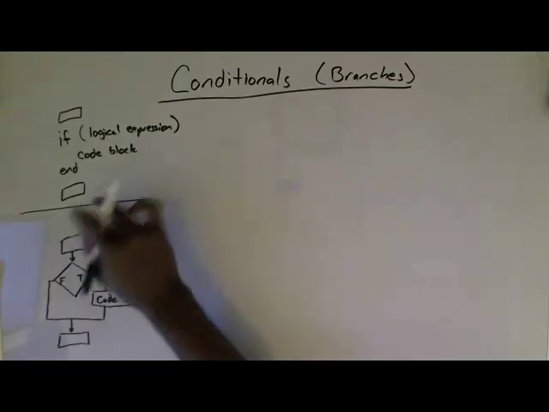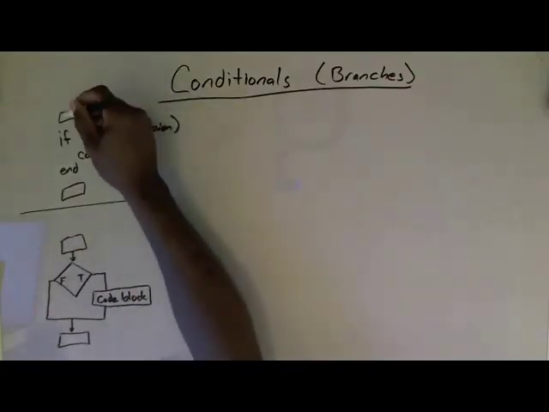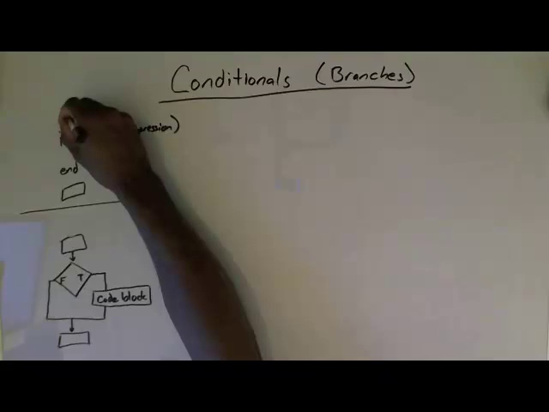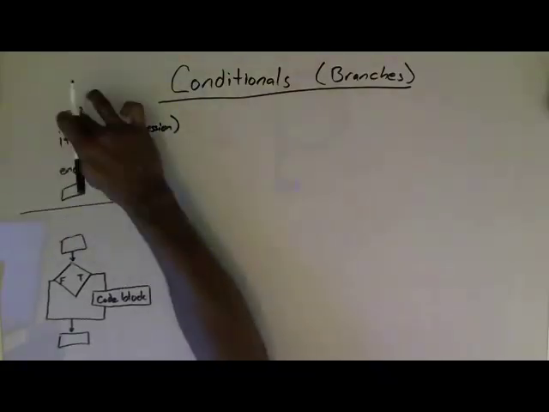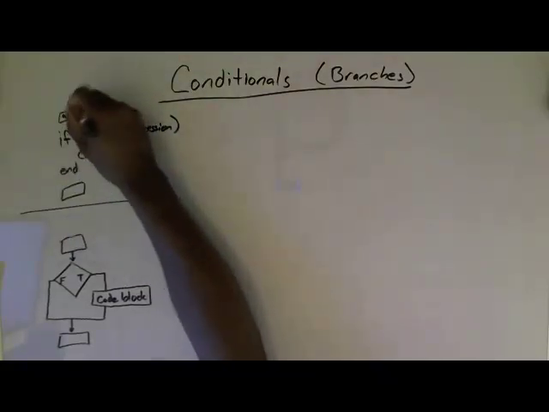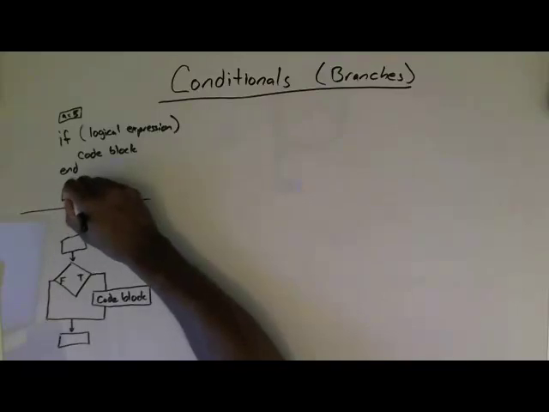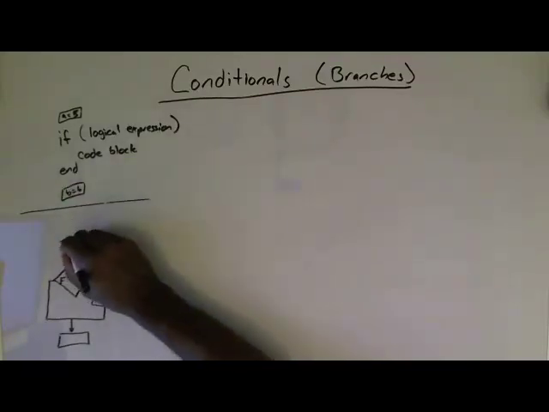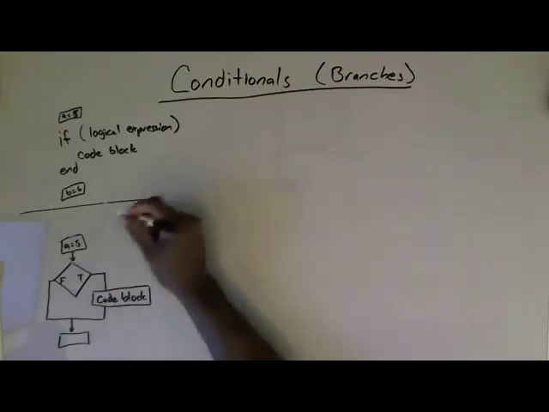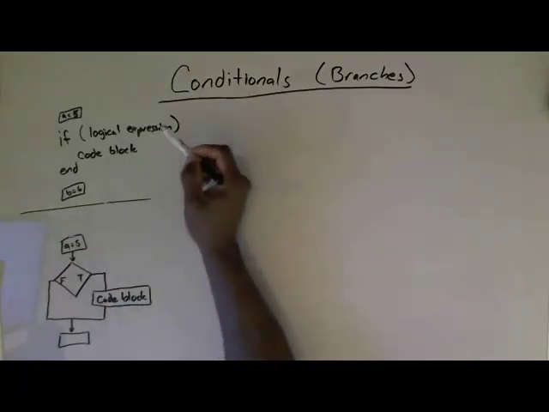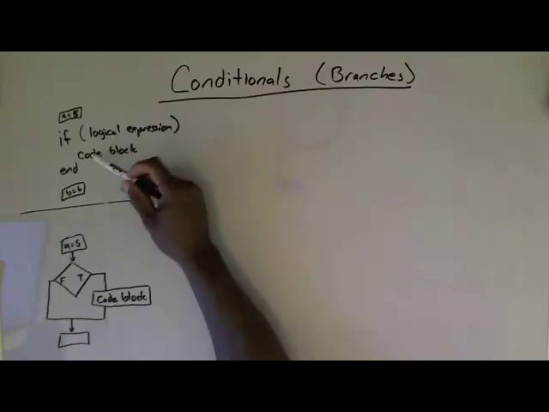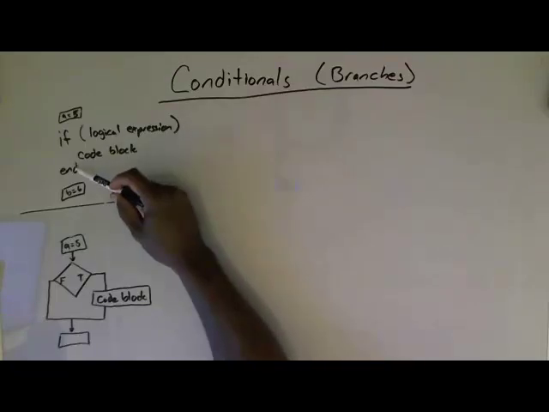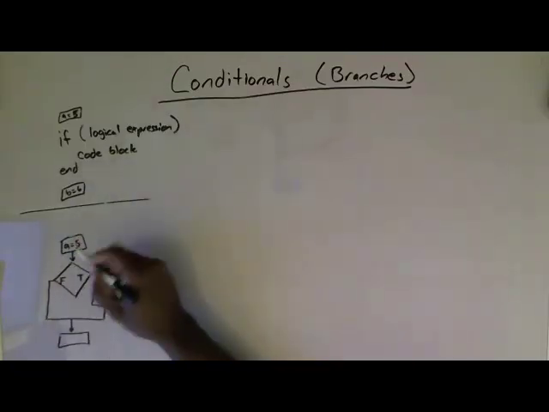All right. So I've got some statement here. Let's just say it's A equals 5. And I've got another statement here, B equals 6. So I would execute A equals 5. Then I would do this test. If some logical expression is true, then do this code block here, and then end.